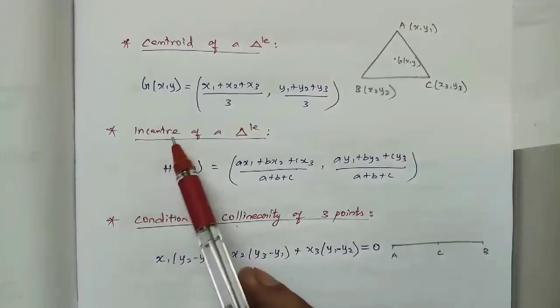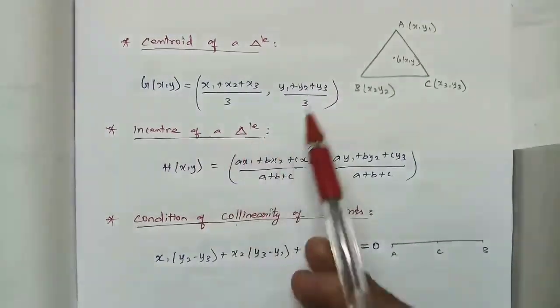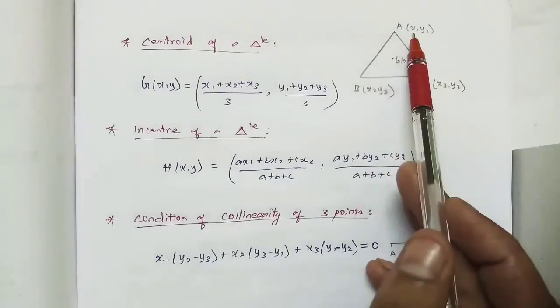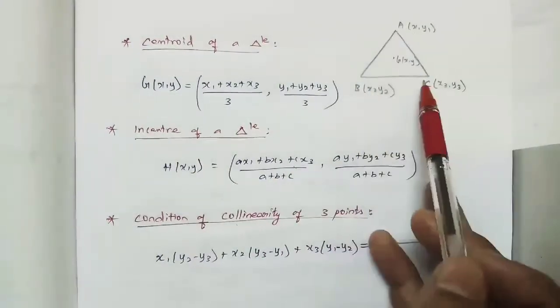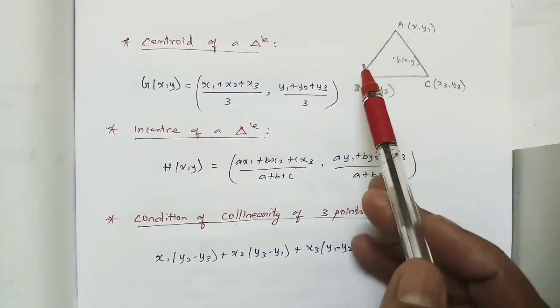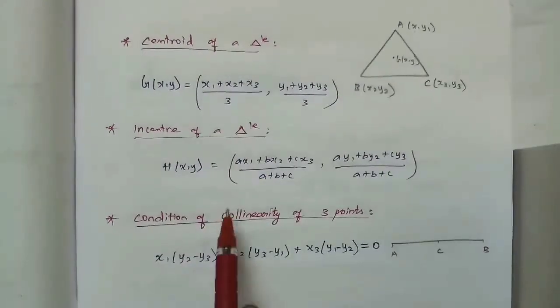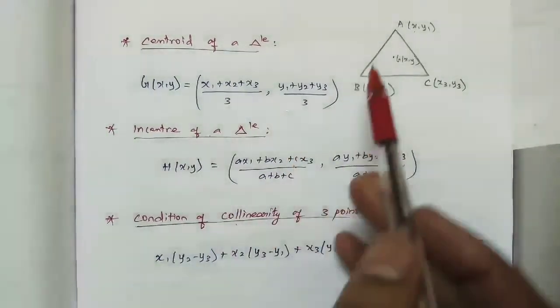Next one is the incenter of a triangle. For the incenter also, they will give the coordinates of A, B, C. Here a, b, c are the lengths of the sides of the triangle. They won't give them to you, so how do we find the lengths of the sides? Very simple, by using the distance formula.